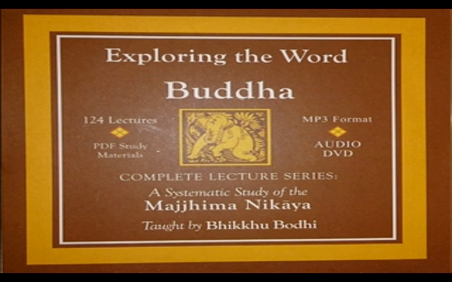In fact, the word dassana here, seeing, and the word ditthi, which means view, both stem from the same verbal root in Pali. The root is das. So you get the action noun dassana, seeing, from the root das.